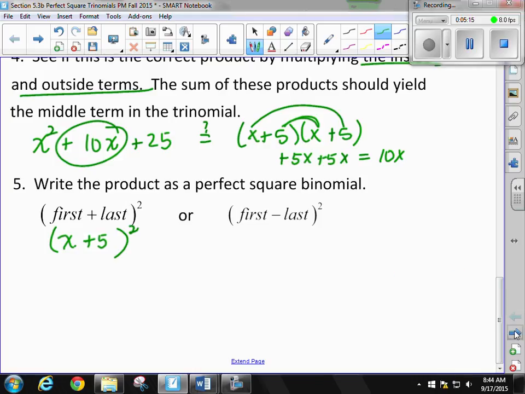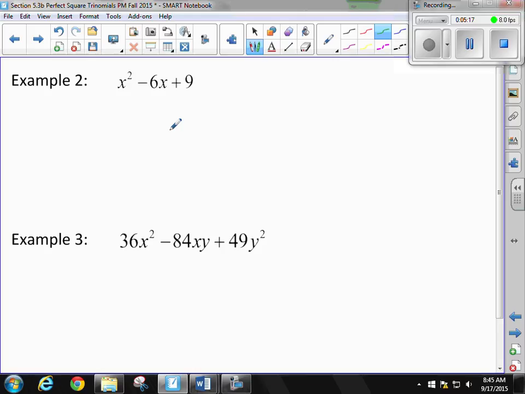Let me do a couple more examples for you. Example number 2. Our first step is to see if it is a perfect square trinomial. If we're on the right track, I should be able to write the first term as something squared, and that works. I should be able to write the last term as something squared, and I can. And I check to make sure that the last term is positive.